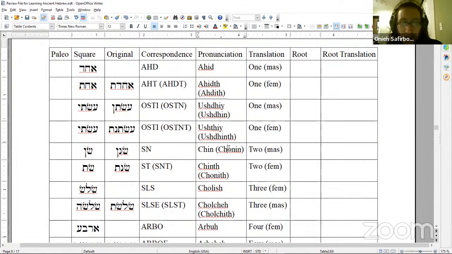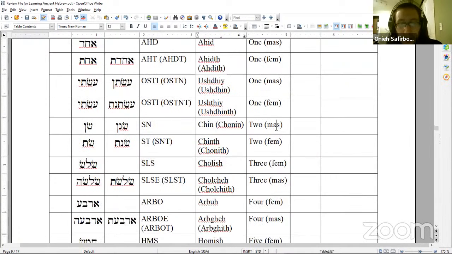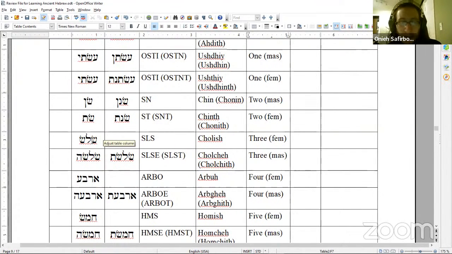And then chin, originally chanin, is two, the masculine form. Now I'm saying masculine because that's the masculine form, but no, I'm sorry, never mind. That applies for three and on, so my bad. So chinth, originally chanith, is the feminine version of two.